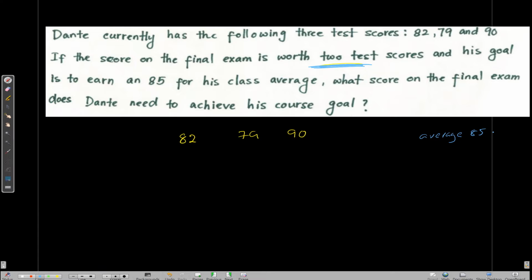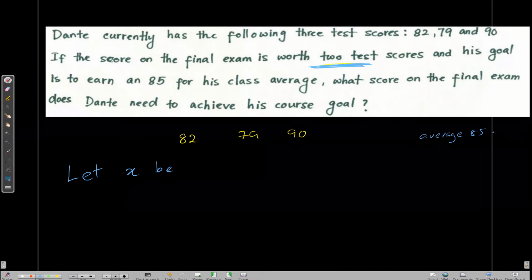Now, how do you address this question? First of all, you don't see any equation, right? So this is how you start. Let x be, so you have to choose your unknown x. In this case, what are you going to find? The score on the final exam, right? So let x be the final score.